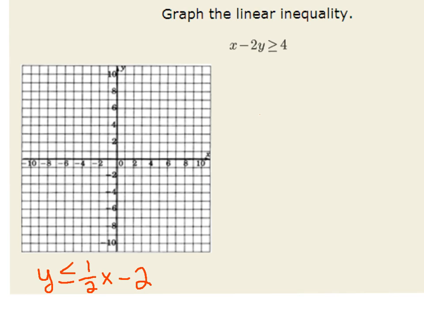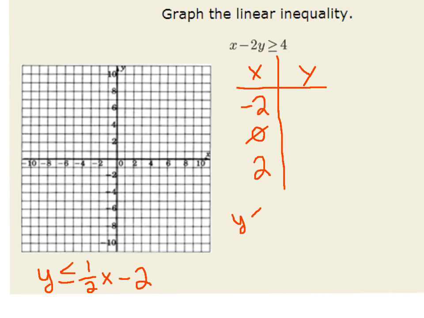And we'll start graphing a linear inequality just the way we'd graph a linear equation. Plot some points. So I'm going to pick x. Let's do negative 2, 0, and 2. So when x is negative 2, we get y is less than or equal to 1/2 times negative 2.